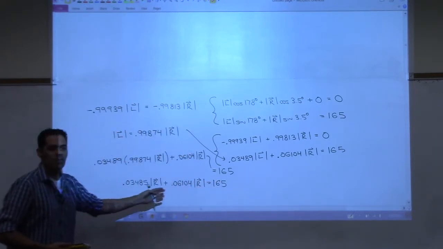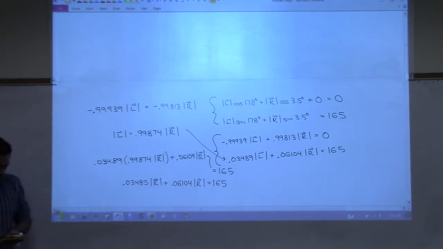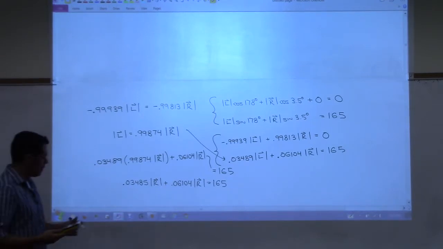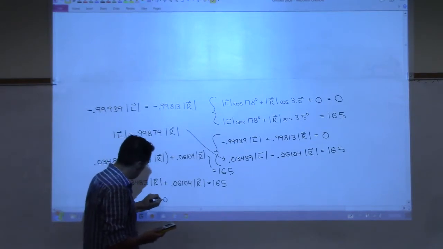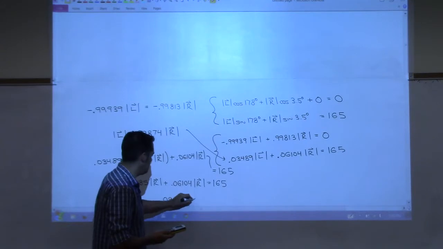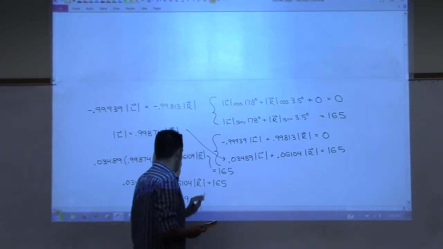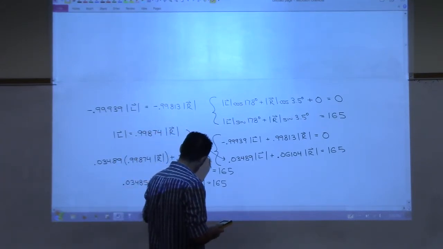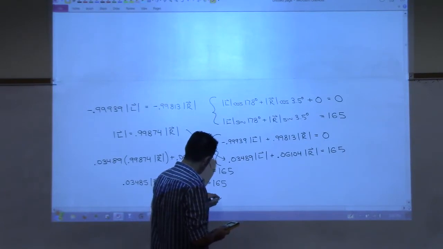So now these are like terms, so you can add them. So you should get like 0.09588 or 89, whatever, and then magnitude of R equals 165.